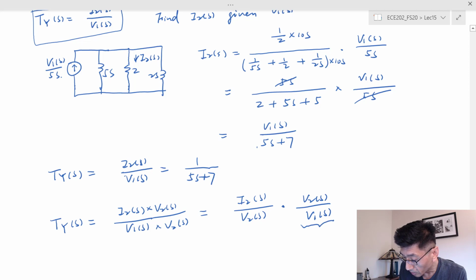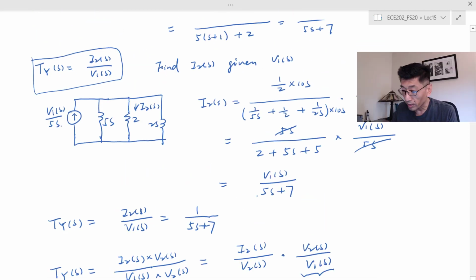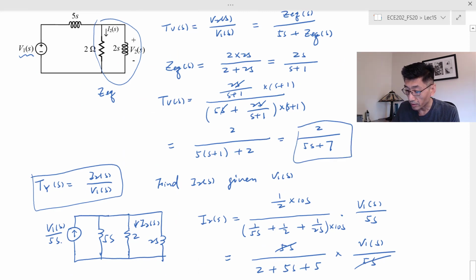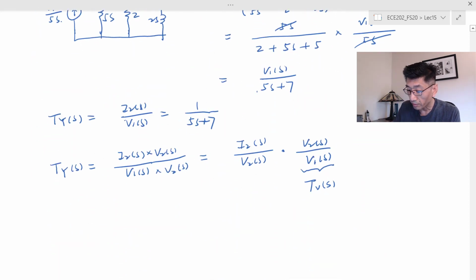And this one here, we already figured this out, right? So this is T sub V s. We already figured it out in the previous step. So that one here is 2 over 5s plus 7.